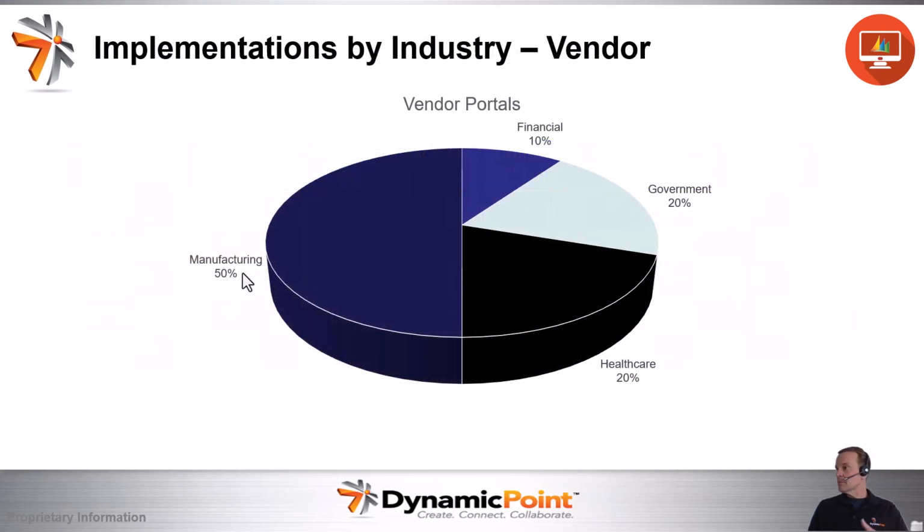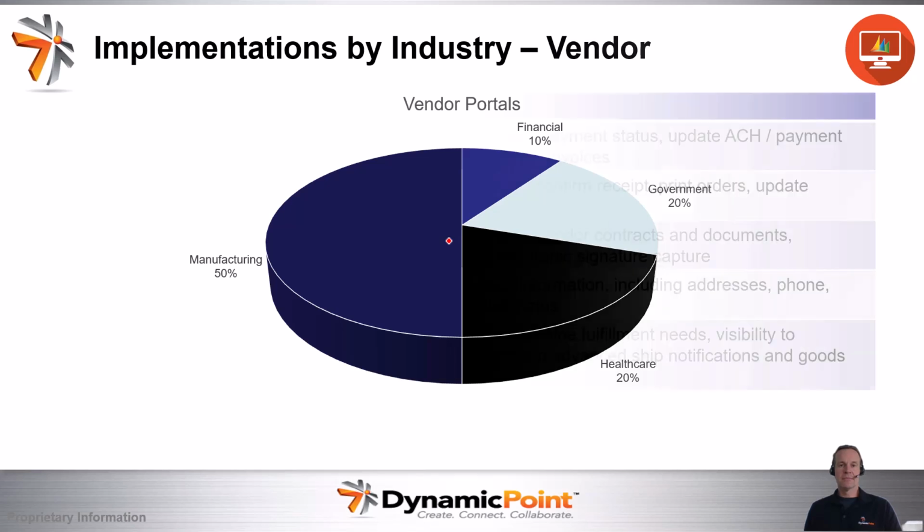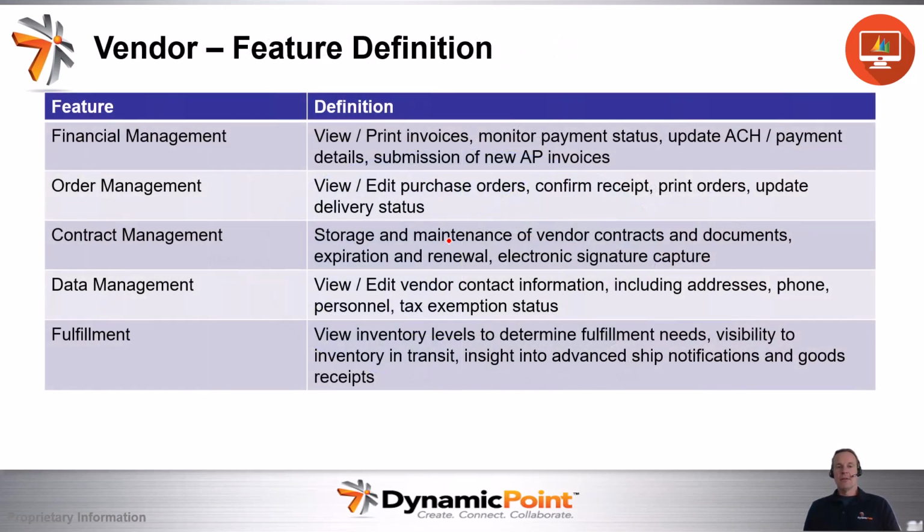As you could probably figure, we could do that same analysis for vendor portal implementations. If we look at vendor portals, the vast majority are used by manufacturing companies, followed by healthcare and government, and then last, financial service organizations. Looking at the features of a vendor portal: financial management, same idea as the customer portal, but instead of being on the accounts receivable side, it's on the accounts payable side.